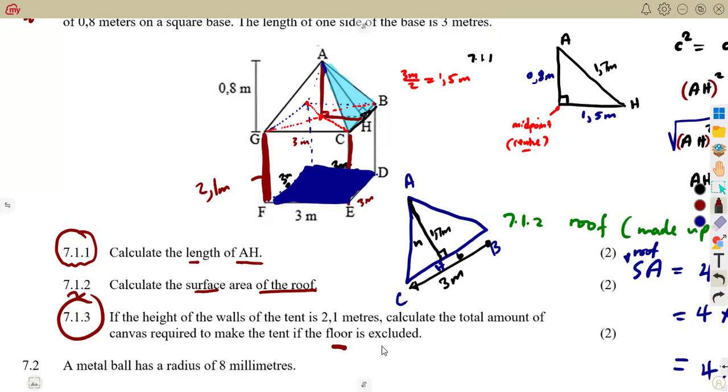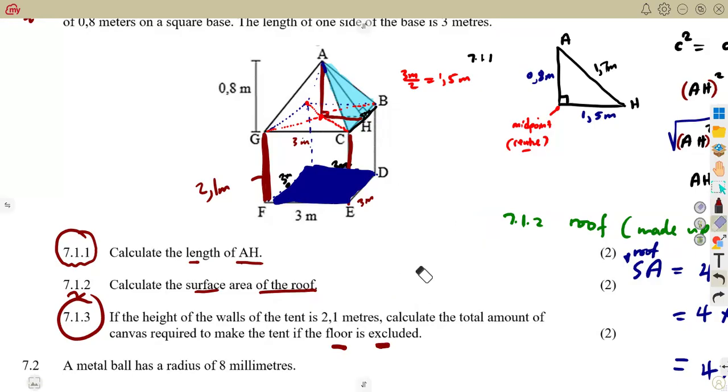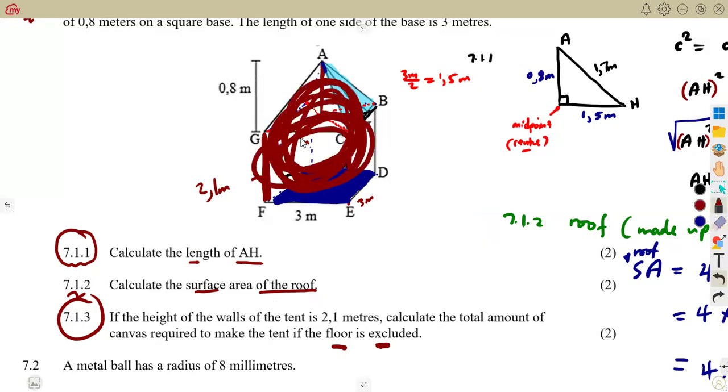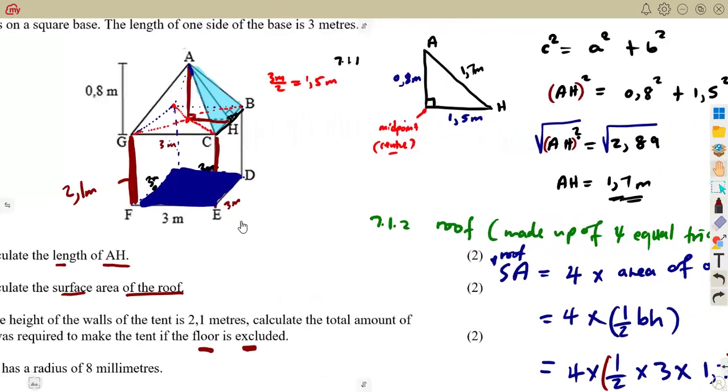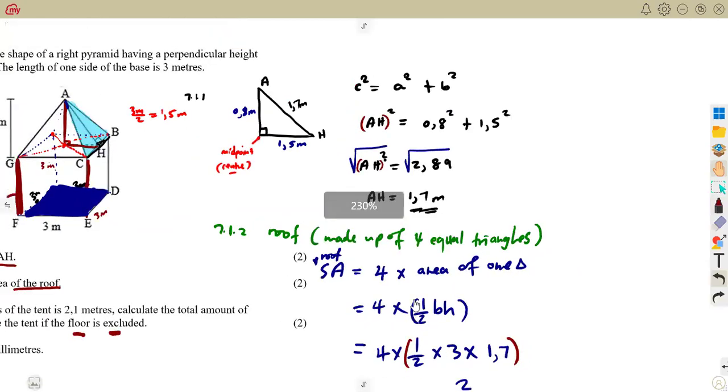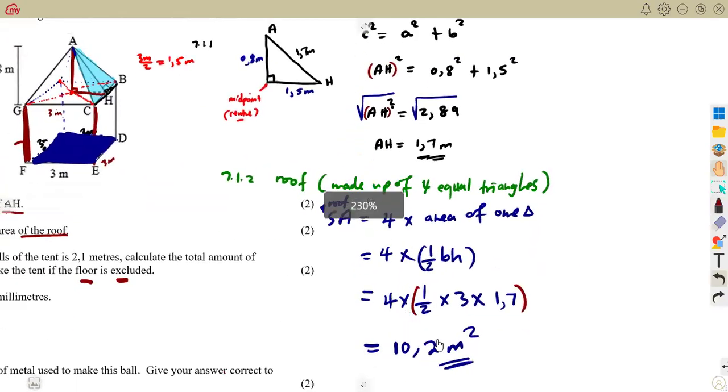With the floor excluded, the floor is not included. So what is going to be your surface area of the canvas? Meaning you are going to consider everything that we have on this diagram, but just remove the floor. Already we calculated the part of the roof.